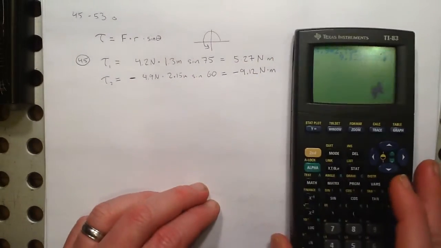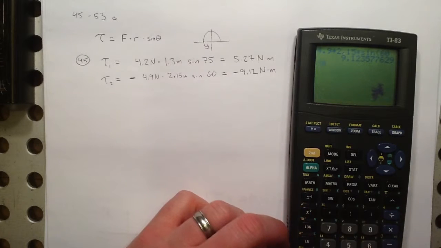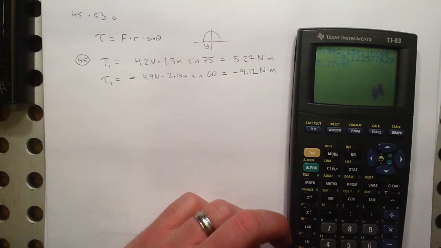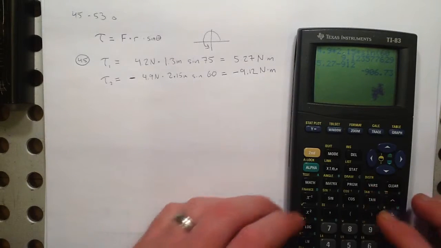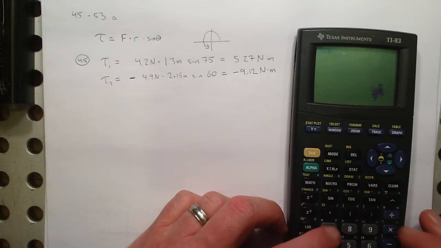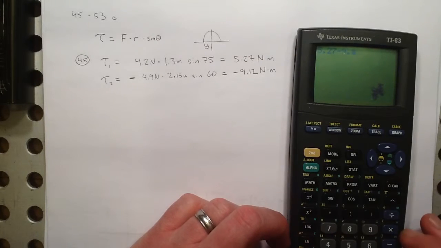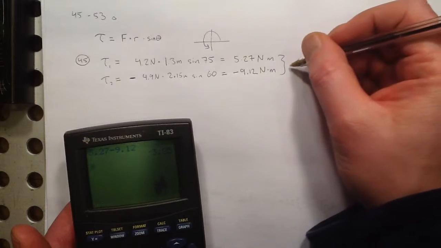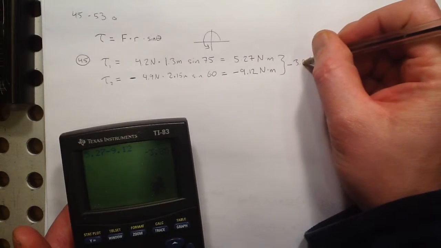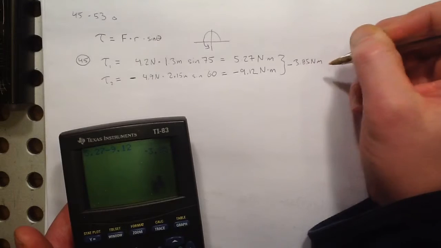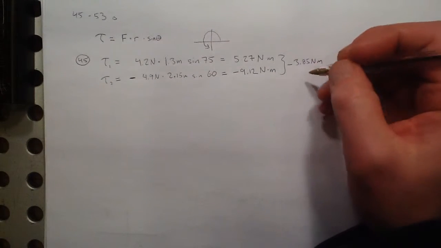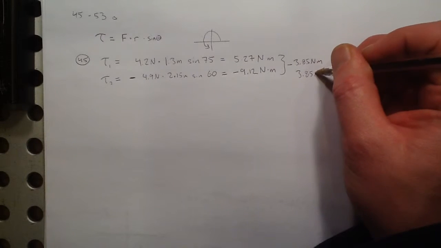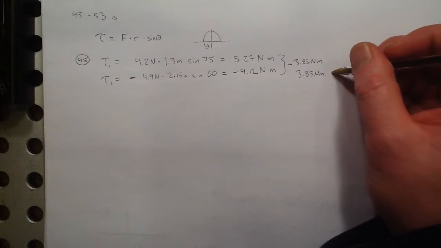So the total torque is 5.27 minus 9.12, which is negative 3.85 newton meters. And there weren't any negatives in the problem, so I would say that it's 3.85 newton meters clockwise.